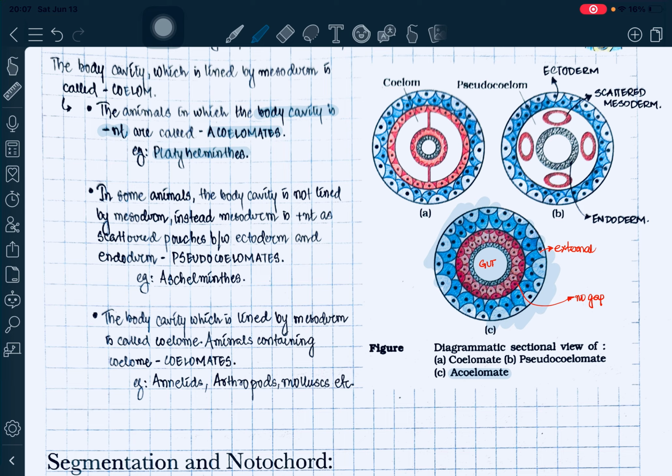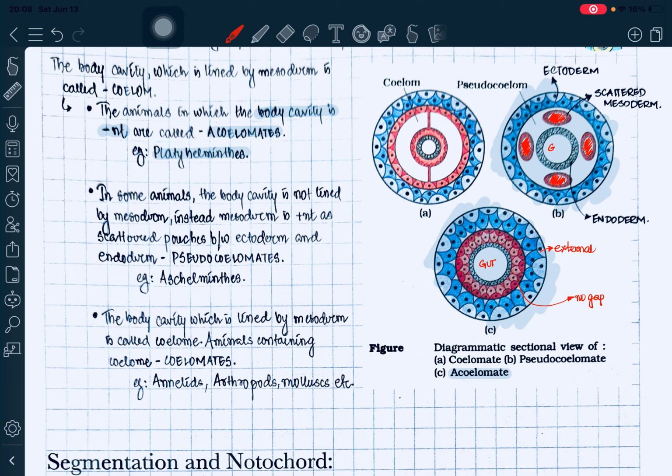Okay. The second category is this one, in which you can see that coelom is present but it is not complete. The cavity is present but it is not complete.